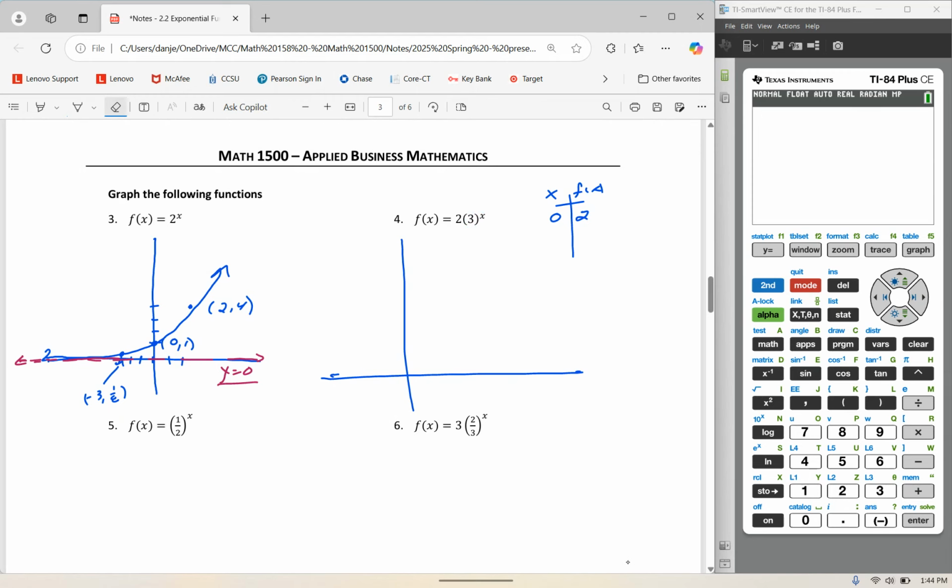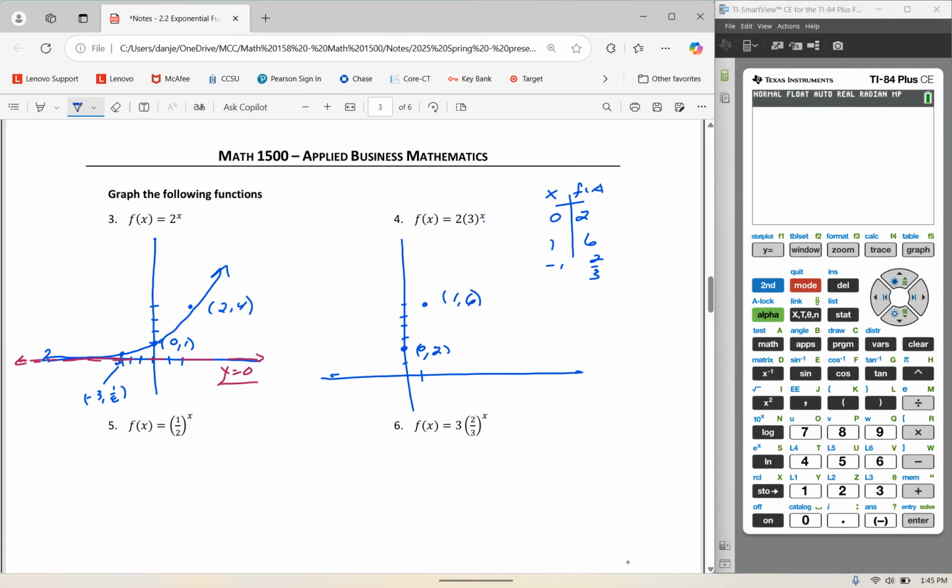If x is 1, 3 times 1 is 3, times the 2 would be 6. We have 0, 2, 1, 6. And if I put in, say, -1, I would get 2/3.